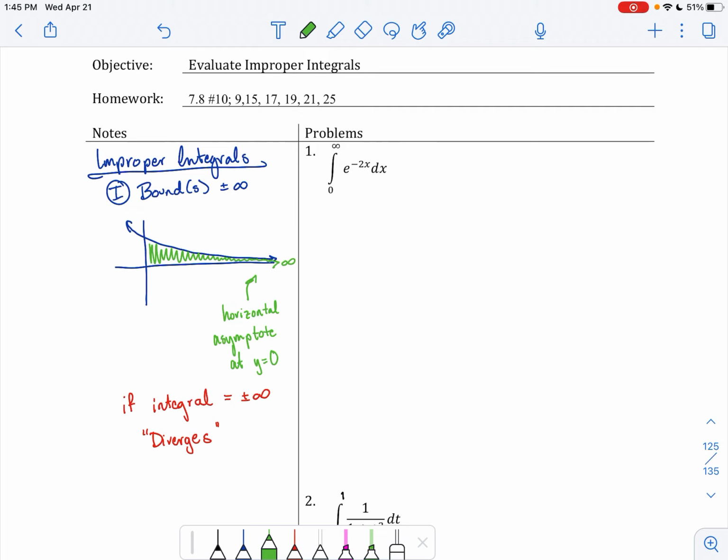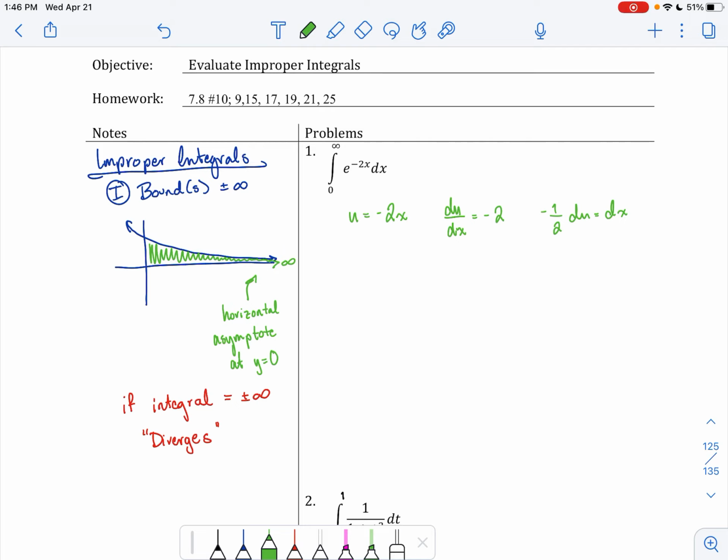The way that I am going to choose to integrate here is I'm going to use u substitution just to deal with that coefficient in the exponent. So du/dx is equal to negative 2. Since I only have a dx here, I'm going to solve for that, and I end up with negative 1/2 du is equal to dx. We also can change the bounds.